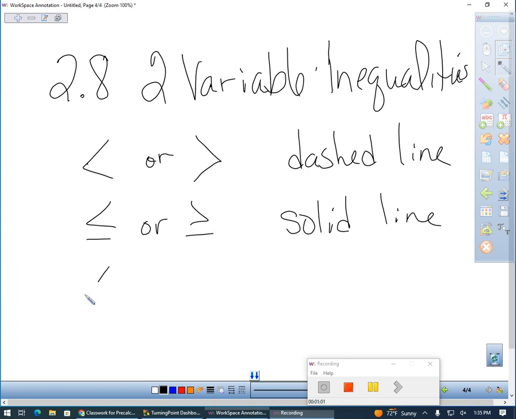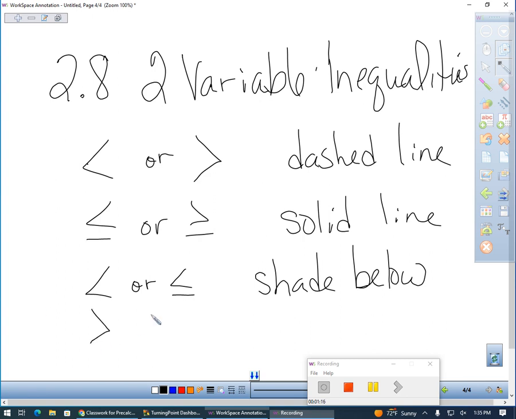If you have less than or equal to, we are going to shade below the line. And if you have greater than or equal to, we are going to shade above the line.